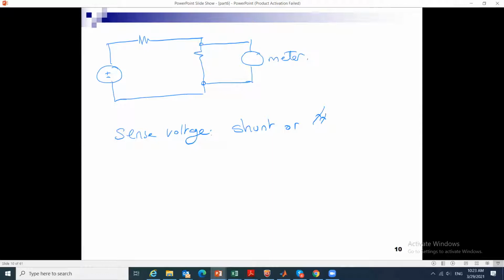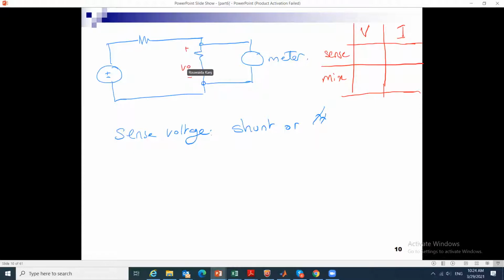So this is if I want to have a voltage or a current, and this is if I want to sense, and then if I want to mix. So if I want to sense a voltage, how do I connect the voltmeter across the load, across V out, plus minus V out? In parallel.